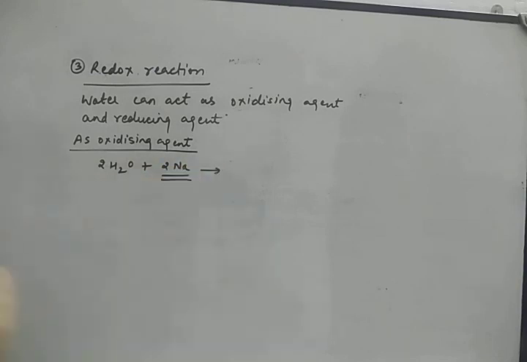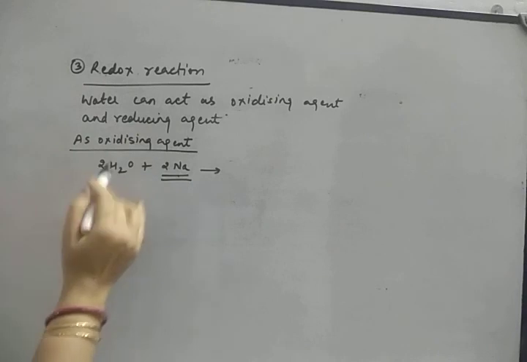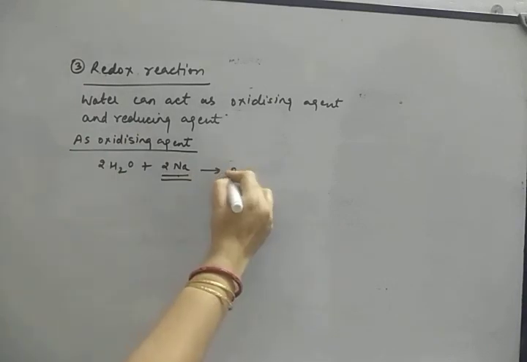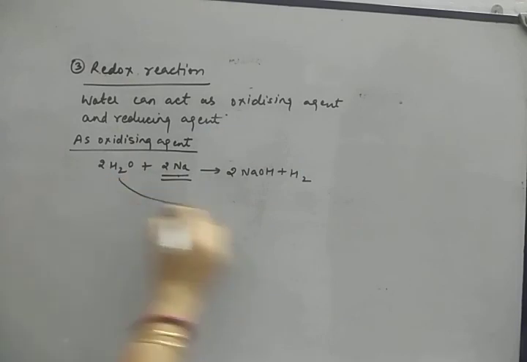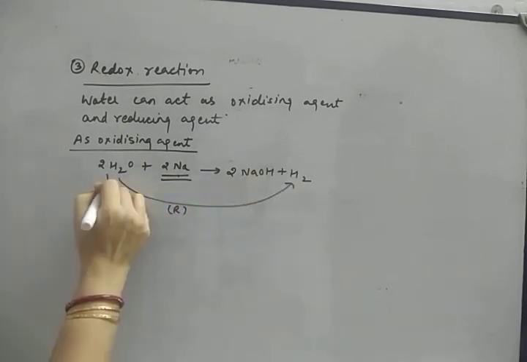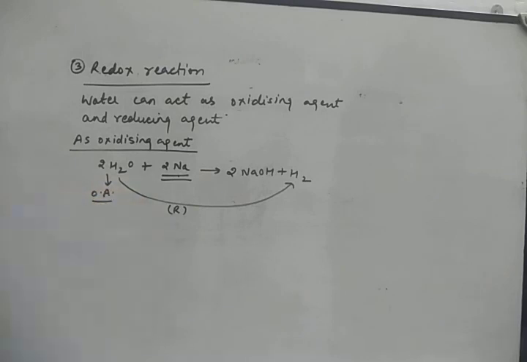Sodium is more electropositive, so sodium will reduce this water to hydrogen and form this compound. So here water is reduced, and reduction taking place means water is acting as an oxidizing agent. So water can be reduced by metals which are more electropositive than hydrogen, and in that case water will act as an oxidizing agent.